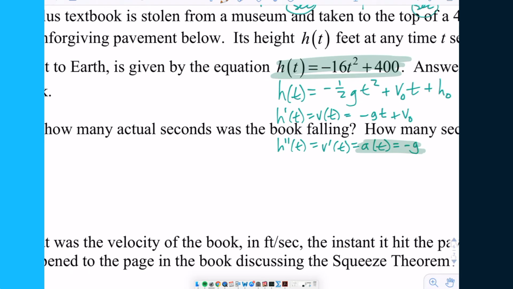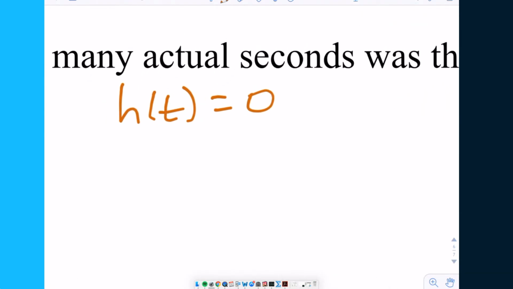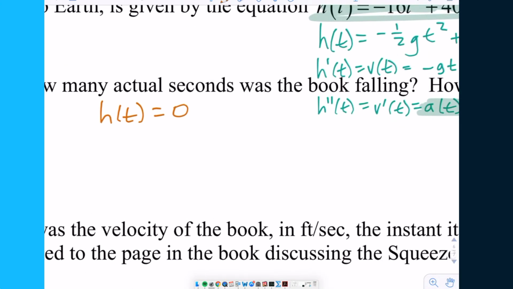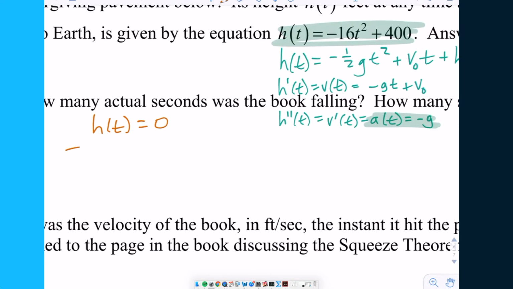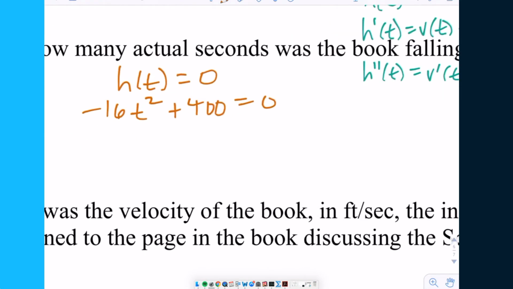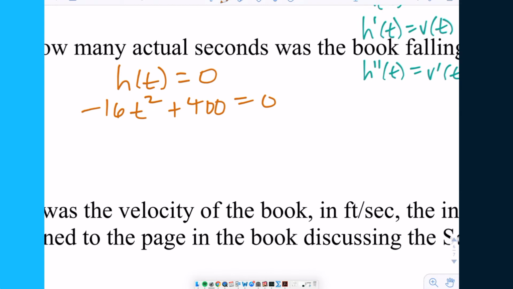So I want to set h of t equal to 0. Negative 16t squared plus 400 equals 0. Yes, and then it is a difference of two squares. So if you want to factor it into 20 minus 4t, 20 plus 4t, that'll work. Or you could separate the variables and divide.